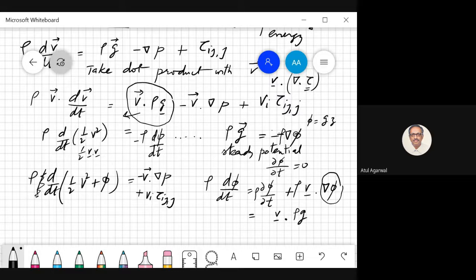So this is your mechanical energy, kinetic plus potential energy. Its total time derivative will be given by this. So you look at this thing again. This derivation is not difficult. There is some messing with signs, nothing much. Okay.